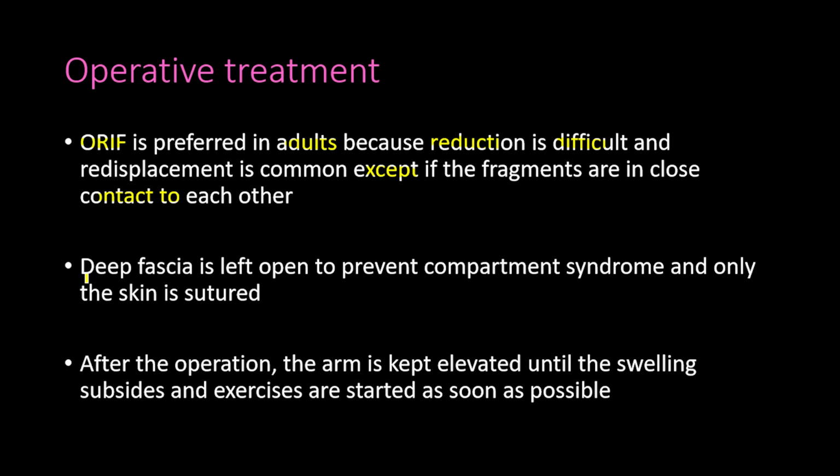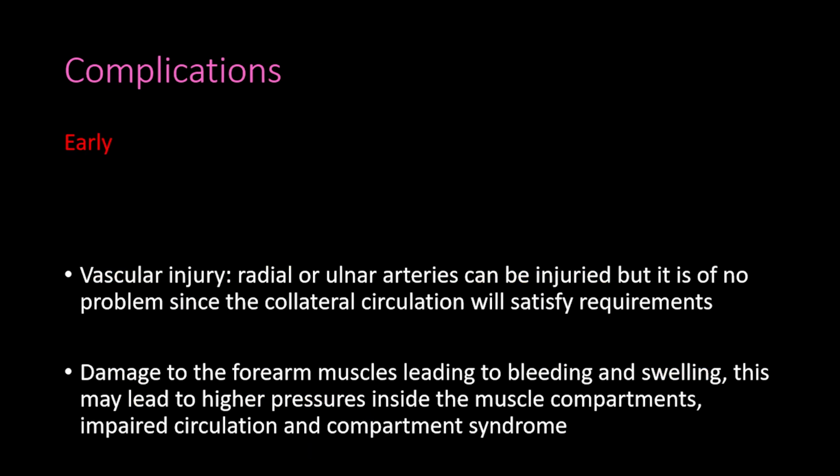Now, during the operation, the deep fascia is left open to prevent compartment syndrome and only the skin is sutured. And after the operation, the arm is kept elevated until the swelling subsides and exercises are started as soon as possible.